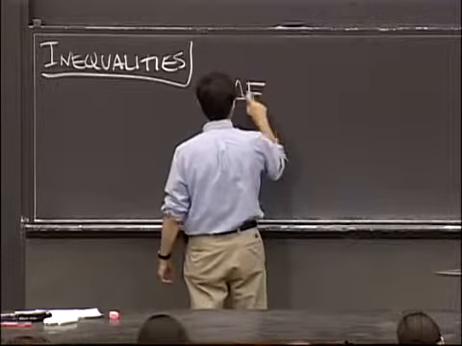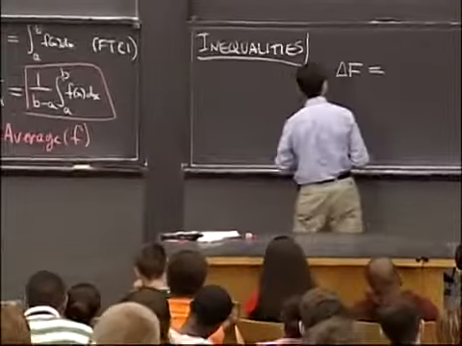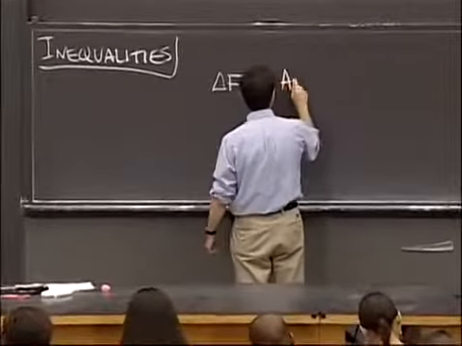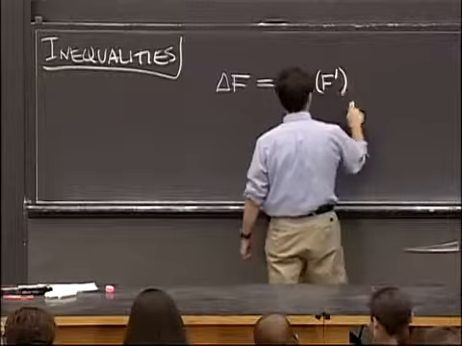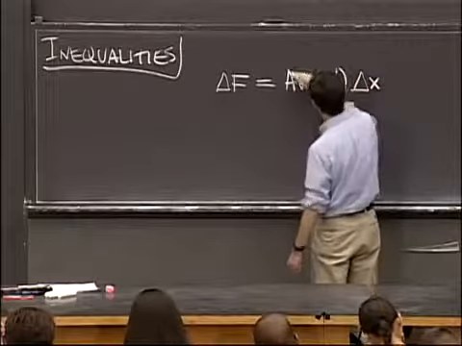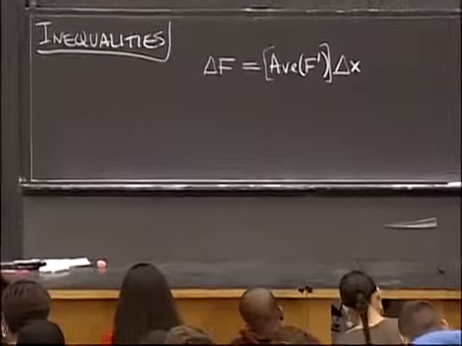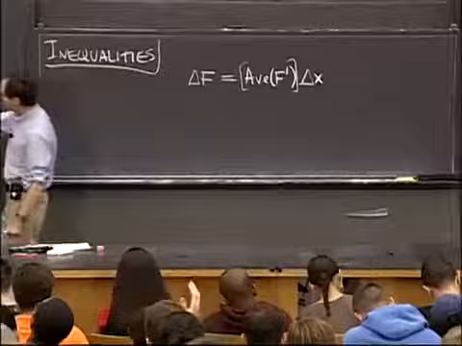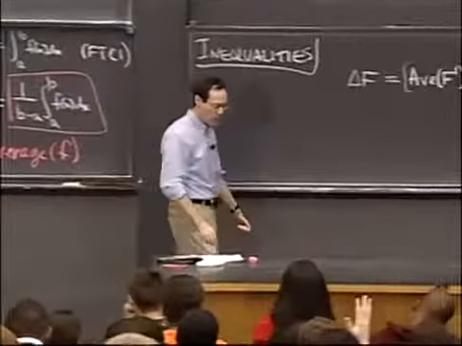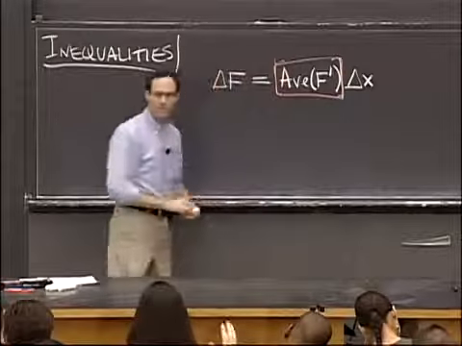It says that delta F in this notation is equal to, well, if I multiply by delta x again, I can write it as the average of f prime here times delta x. All right, so we have this factor here, which is the average of f prime, or the average of little f. It's the same thing. And then I multiplied through again. So I put the thing in the red box, right here.